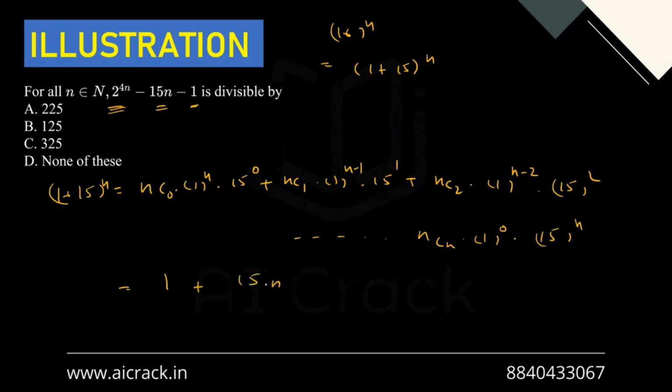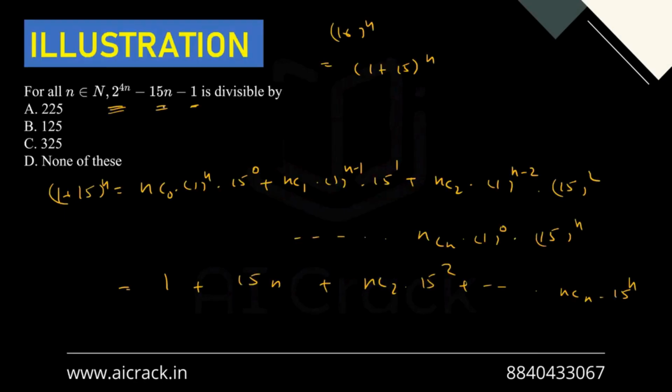Now I can see 15n in the term. The third term would be nC2, which is some integer, dot 1 multiplied by 15 square and so on so forth. The nth term would be nCn dot 15 raised power n. Now the actual term was 2 raised power 4n minus 15n minus 1.